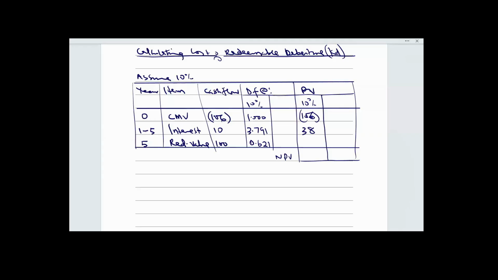Then 100 multiplied by 0.621 will give us 62. So 38 plus 62, that's 100. 100 minus 106 will give us minus 6. So we assume 10% and we got a negative NPV of 6. Since 10% gives us a negative NPV, we need to reduce the discount rate to get a positive NPV. Therefore, I would then assume 5%.